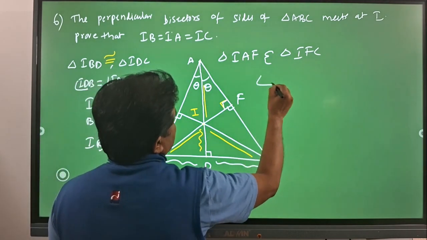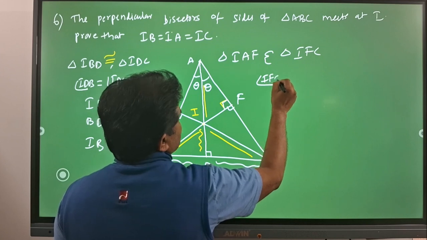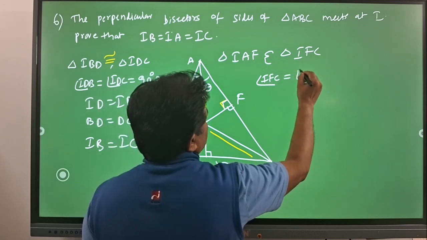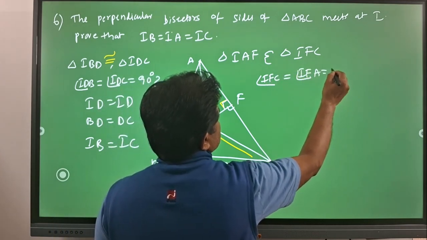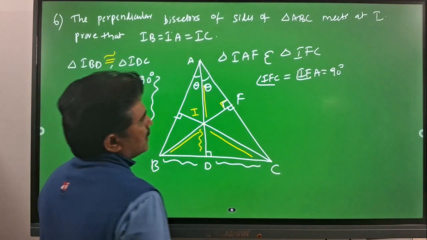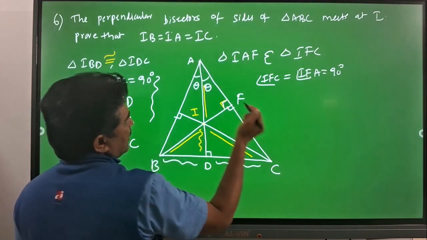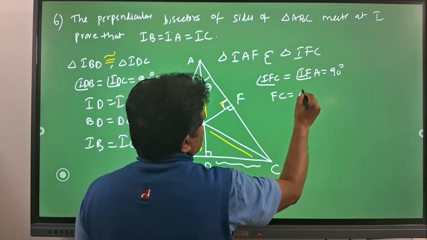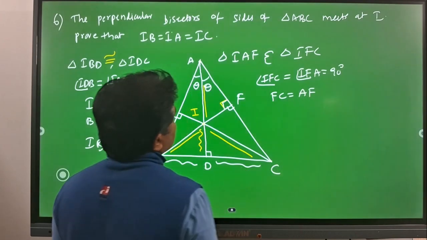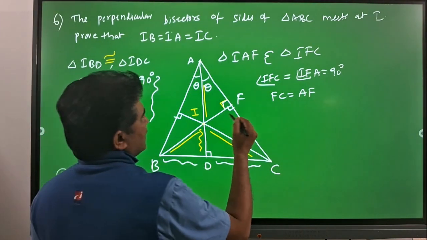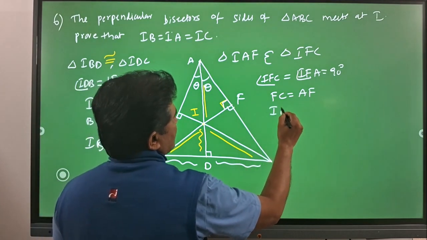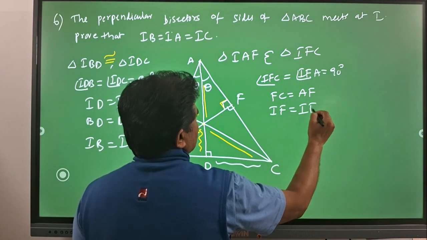So angle IFC will be equal to angle IFA, which is 90 degrees, and FC is equal to AF, since it is a bisector. One more equality is IF, which is common for those two triangles. IF is equal to IF.